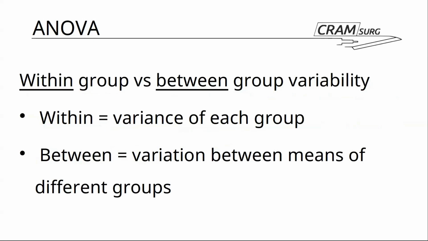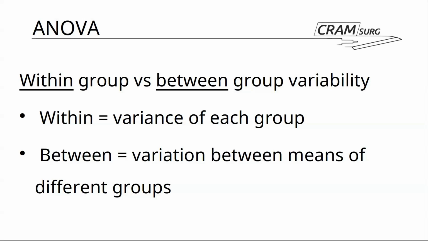The key concepts that you need to grasp to understand how ANOVA works are within group and between group variability. So you have a batch of barley. Within that batch of barley, there'll be some grains that are better than others. There will be variations within that group, and that's called within group variation, and is measured through variance.